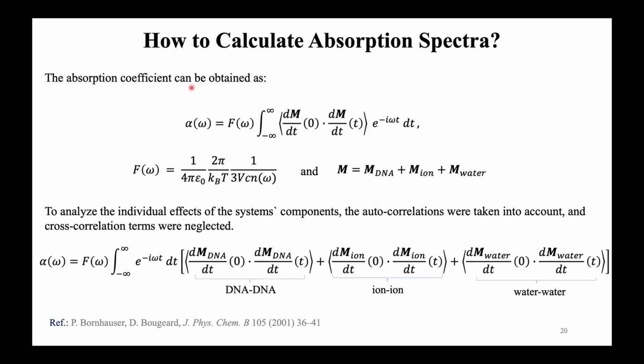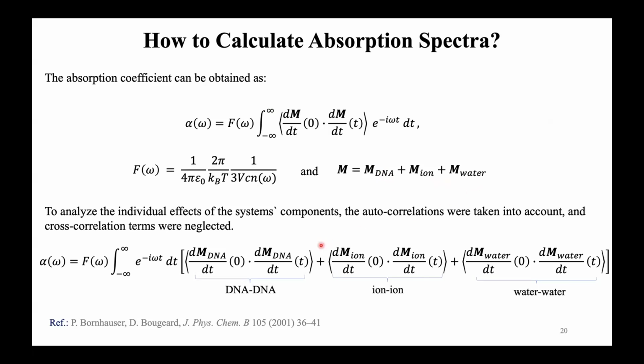The absorption spectrum can be obtained by performing a Fourier transform of the correlation function of the time derivatives of the total dipole moment of the system, as follows. Here F(omega) is the frequency-dependent prefactor, which is presented in the following form, and the total dipole moment of the system includes the contribution from all system elements. In our case, it's DNA, ions, and water.